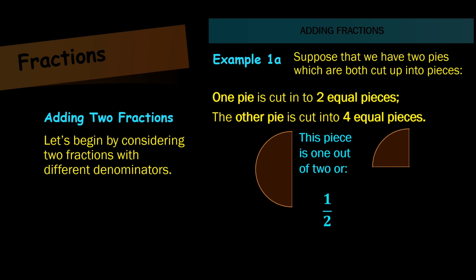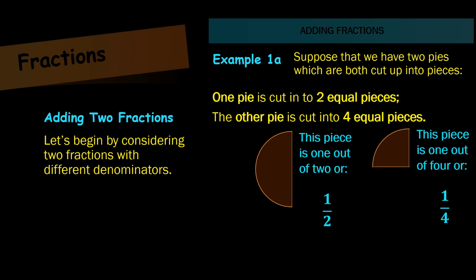This piece is 1 out of 2, or 1 over 2, and this piece is 1 out of 4, or 1 over 4. Clearly, the 2 pieces are different sizes, so it is not straightforward adding 1/2 to 1/4.